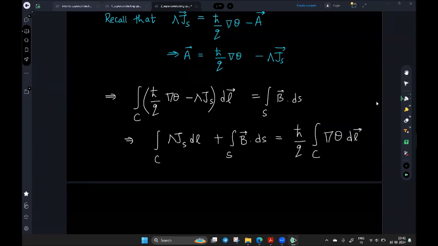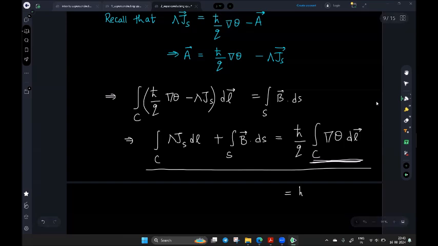I want you to look at this equation here, and particularly the right hand side of this equation. Now you might think, by looking at the right hand side, that since this is a closed loop integral of the gradient of some quantity, it must be equal to 0. However, this is not the case here. Actually, this turns out to be a multiple of 2 pi.